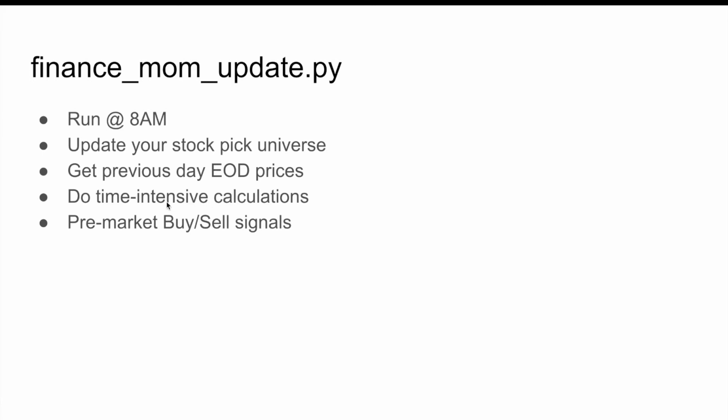It depends on your algorithm, but it could take up to, for example, 20 minutes to an hour to calculate those. And it's better to do that before the market opens, because it takes a lot of time. So you can run it around 8 a.m., before 9 a.m., and around 9:30 the market will open.